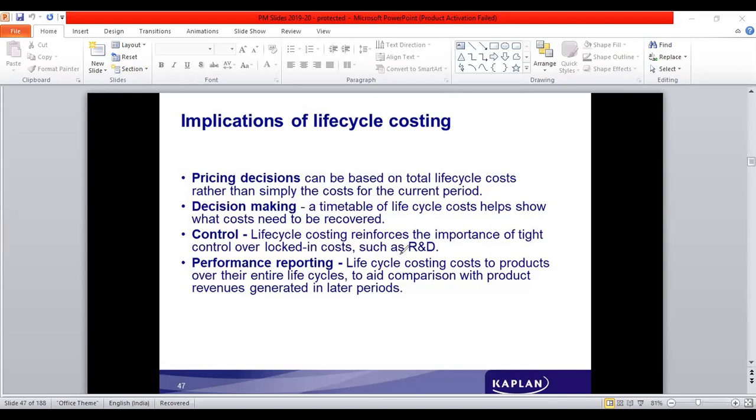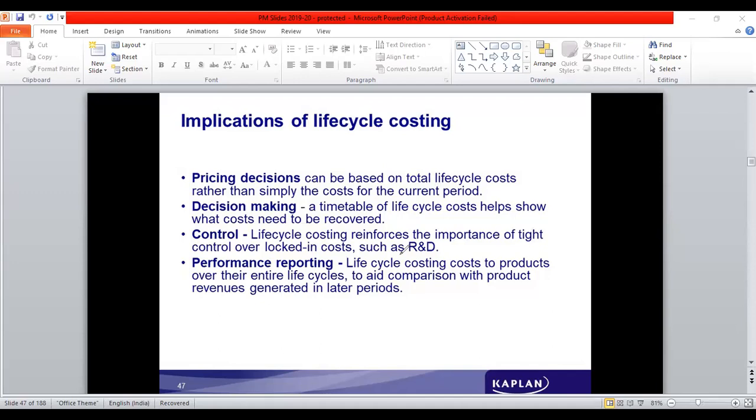In situations where the competition is severe, the demand gets affected by the selling price. So there can be a tight control on all the costs, because the selling price should not have a negative impact on the demand. If R&D is any cost which is incurred, then that will have an impact on the selling price. So for that reason, we see that there would be a tight control on R&D cost.